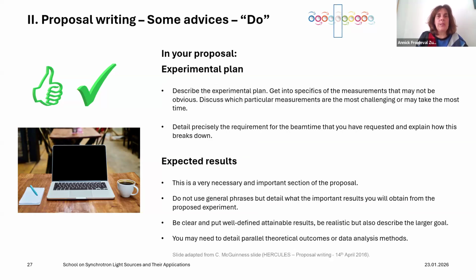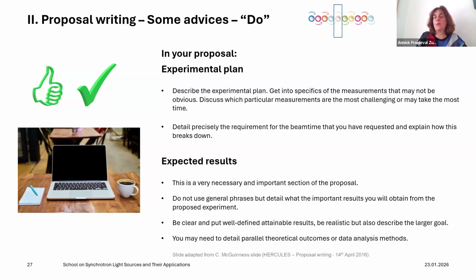Then what to do in your experimental plan: describe the plan and get into the specifics of the measurements that may not be obvious. Discuss which particular measurements are the most challenging and may take the most time.